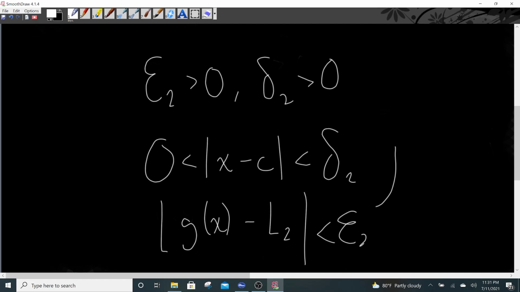And also, this only works for the limit as x approaches c of g of x equals L2. We're not getting too crazy here. We're just using our limit definitions.